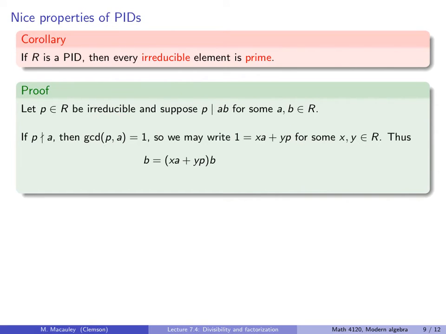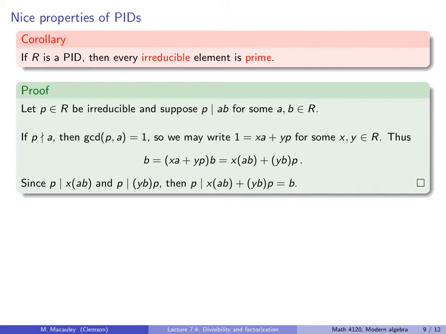So B equals xa plus yp times B. I'm going to multiply this out, and I get xab plus ypb. Now I'm putting the parentheses here so you can see clearly that P divides A times B, that's by assumption, and P divides the second term because it has a P in it.